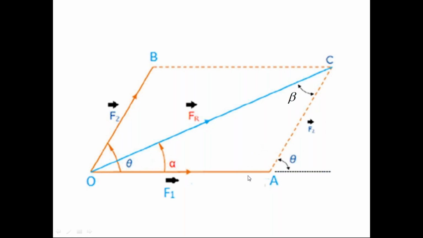Take this triangle OAC, everyone, please watch this. In triangle OAC, at point O the angle is alpha, at point C the angle is beta, and at point A the angle is 180 minus theta.